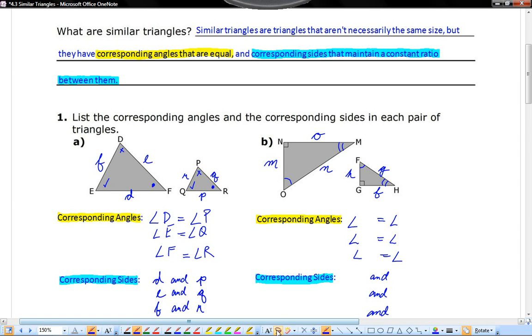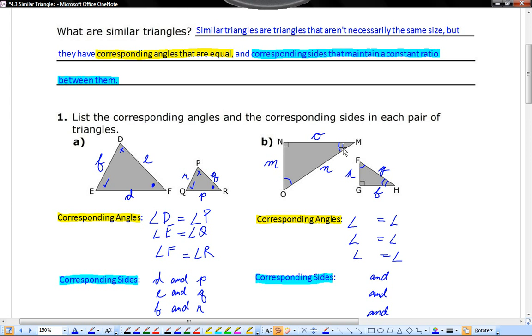So now let's take a look at part B. In part B we've got triangle MNO and triangle FGH, and you can see fairly clearly that we have 2 right angles, so obviously those are equal to each other.